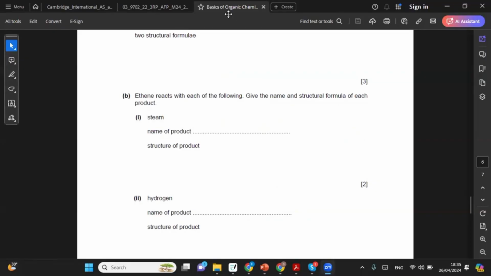Alcohol. Yes, you will get an alcohol. You are going to get ethanol, right? Specifically ethanol. So if our alkene is going to react with steam, you're going to get an alcohol, which is going to be ethanol. Okay. I will draw the structure of ethanol for you guys, but can somebody please tell me what the catalyst or the conditions required for the reaction are?